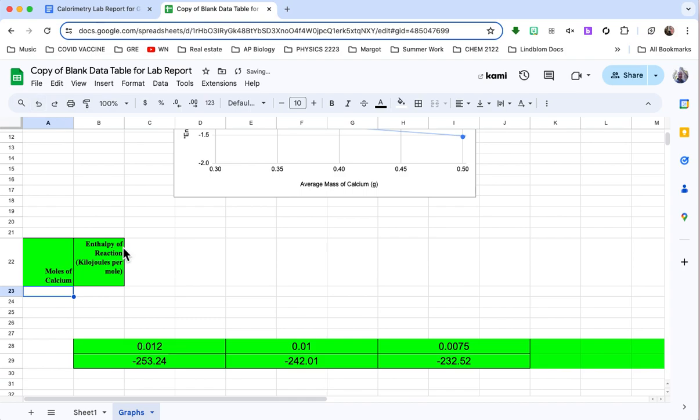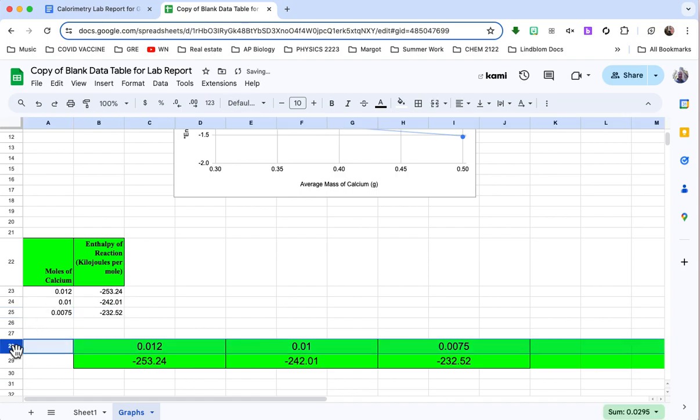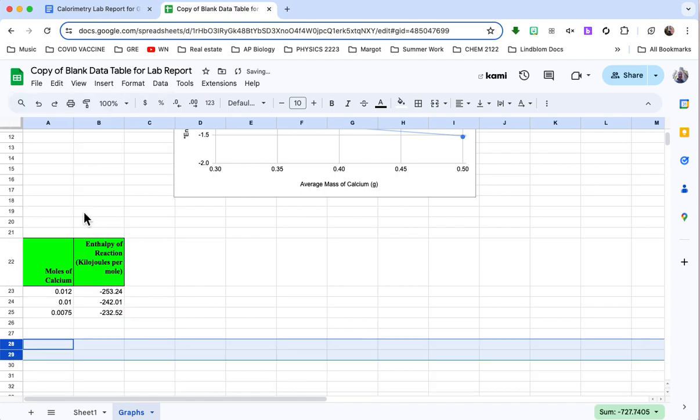Whoops, I don't want to do that because those are all 3 cells, so I'm just going to type them in. 0.01, 0.0075, negative 253.24, and I'm just kind of, again, copying these over. I can delete those cells. I don't need them anymore.